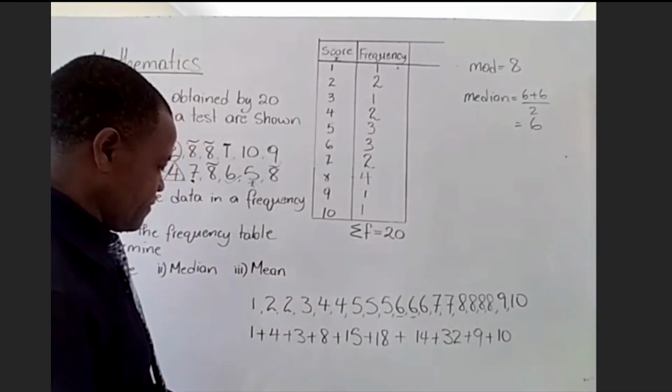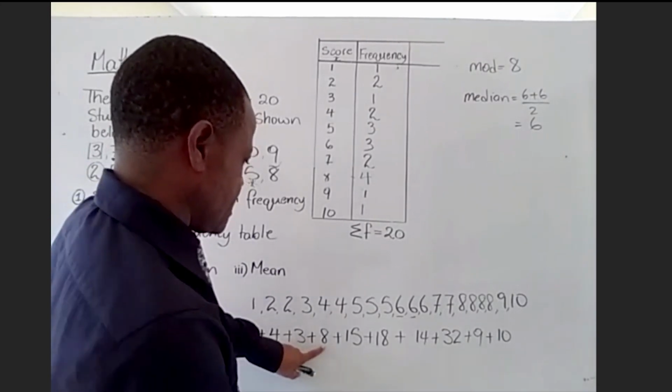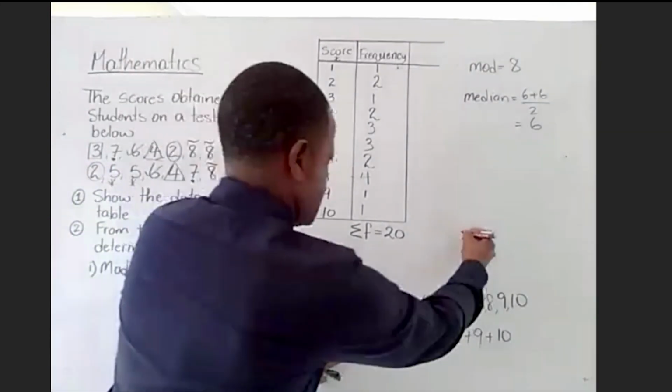So this will be 5, 8, that would be 16, that would be 31.